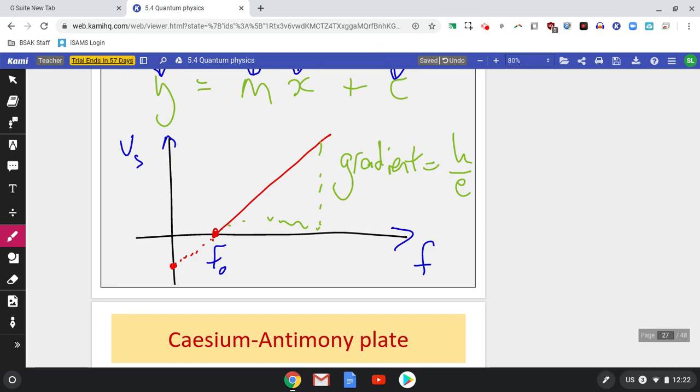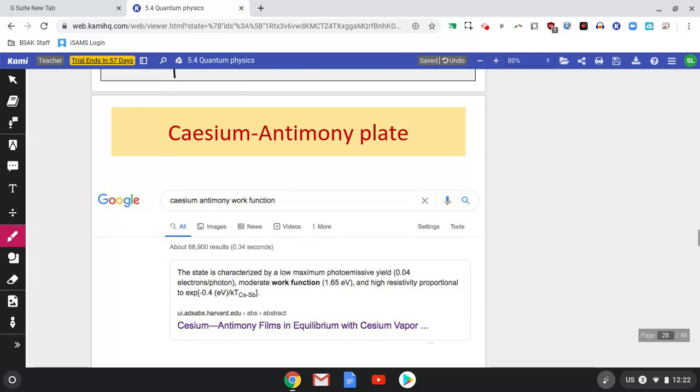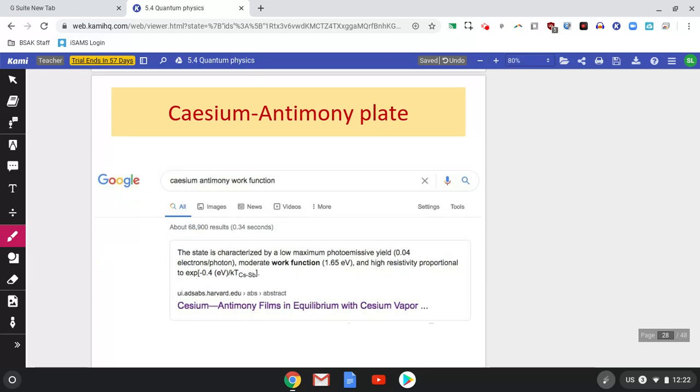Easy. Just one thing, this y-intercept here can tell us the work function. Don't forget, this is not phi, this is psi over e. Now in this case, the photocell we're going to use has a cesium antimony plate.